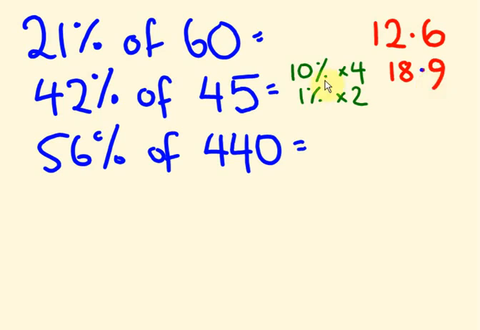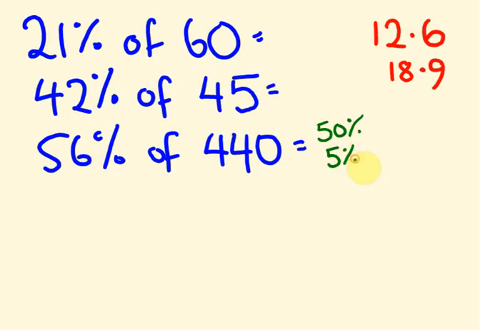Okay, let's do the very, very last one. Hopefully you got this one right. Hopefully you're going really, really good with them. Okay, let's see. So 56% of 440. I think this is probably the hardest one so far. So the way that I'd be looking at this one is we have a 50%, just one. We have a 5%, which is going to be nice and easy to work out because it's a tenth of this 50% here. We're going to have a 1%, adding up the 56% here.